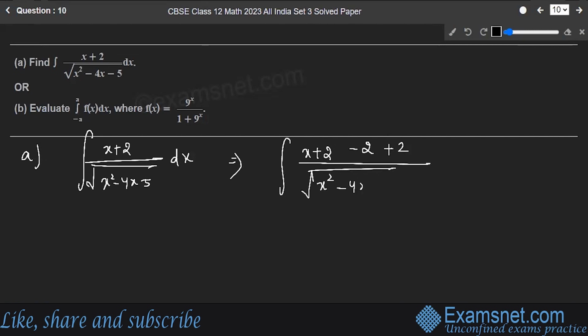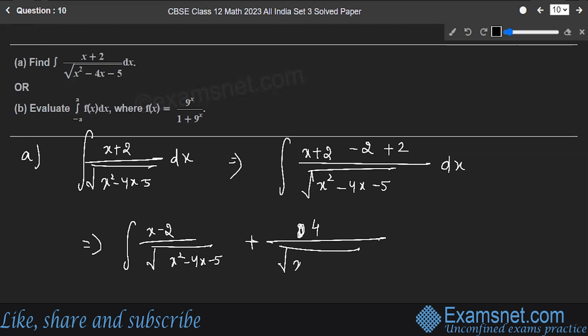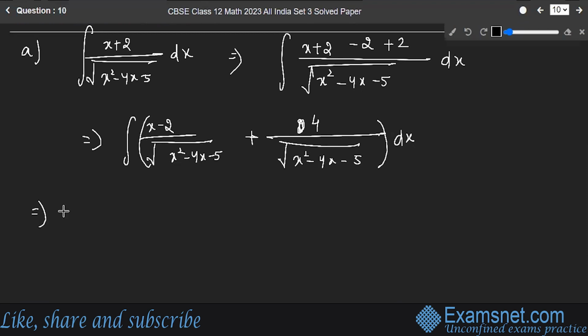This is equal to x minus 2 upon this, plus 2 plus 2, that is equal to 4 upon root of x squared minus 4x minus 5 dx, right? Like this.